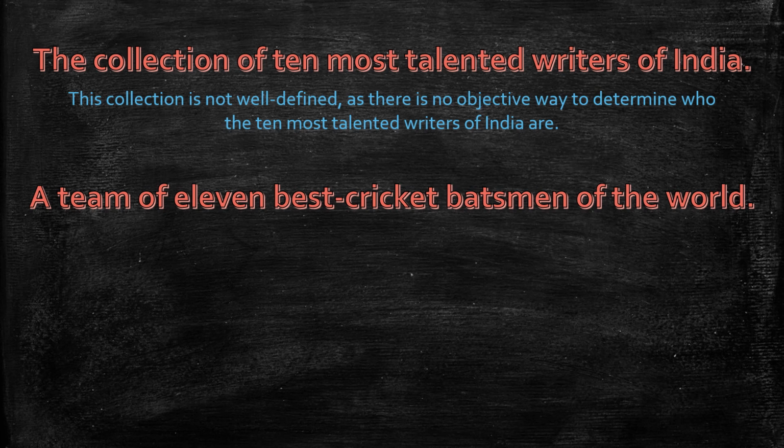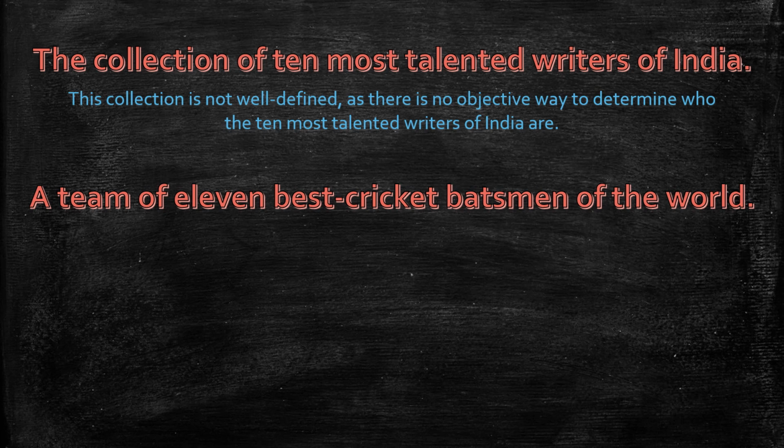There is no universally accepted standard or metric for determining who are the 11 best cricket batsmen in the world. This makes it difficult to definitely identify and include specific players in this collection. Furthermore, the phrase a team of 11 suggests that this collection is limited to 11 players only.